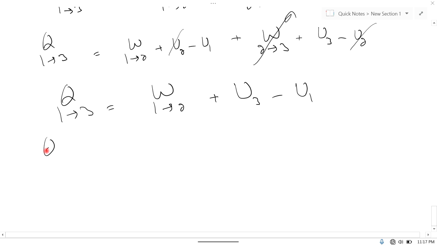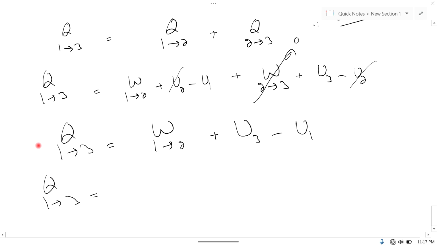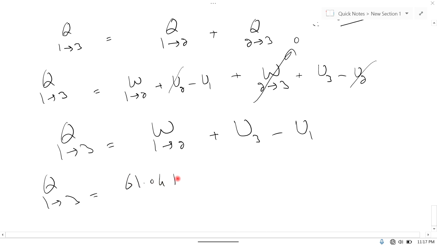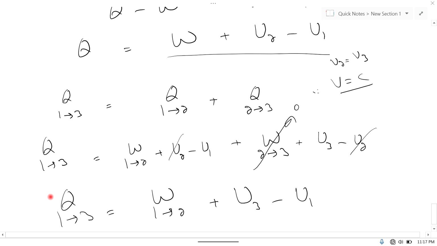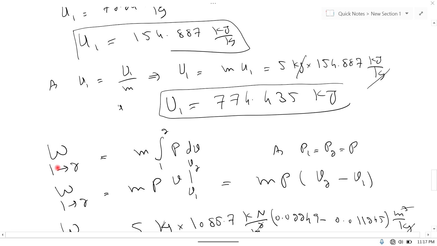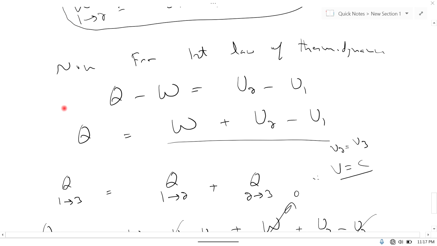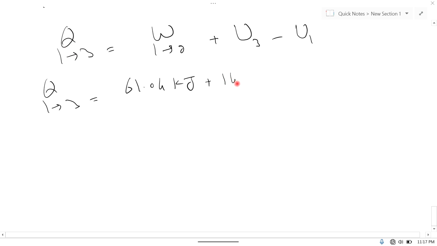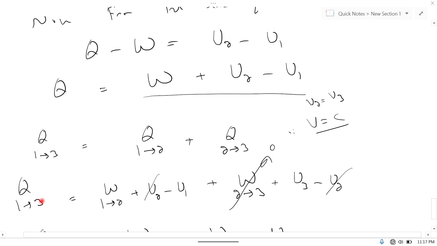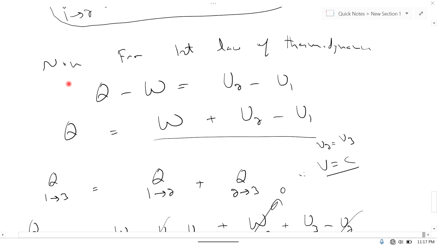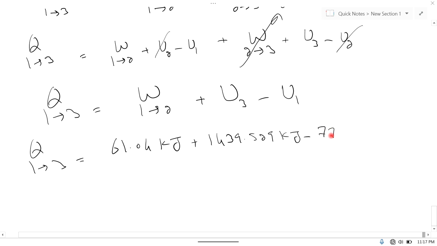So Q from 1 to 3 is equal to W from 1 to 2, 61.04 kilojoule, plus U3, 1439.525 kilojoule, minus U1, 774.435 kilojoule.